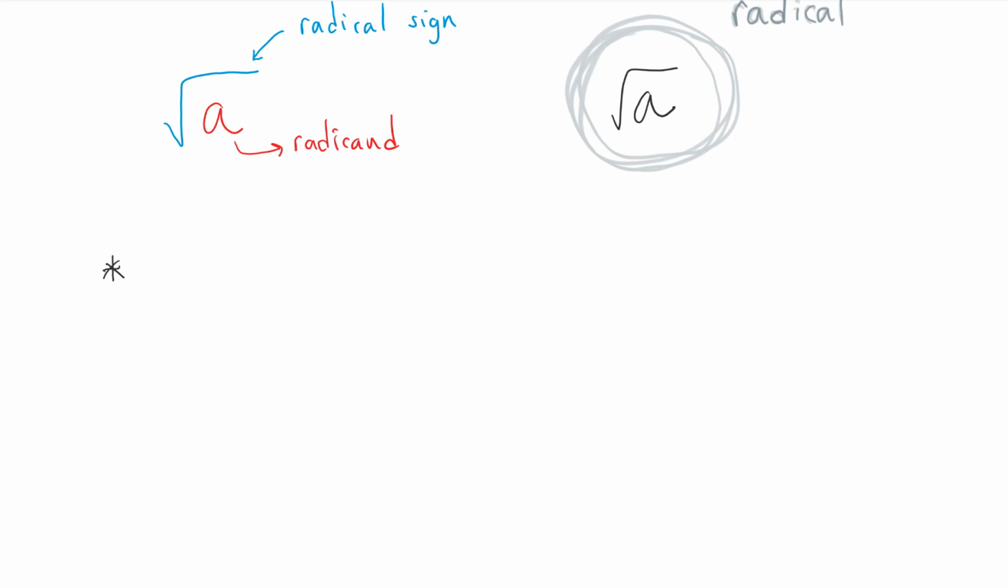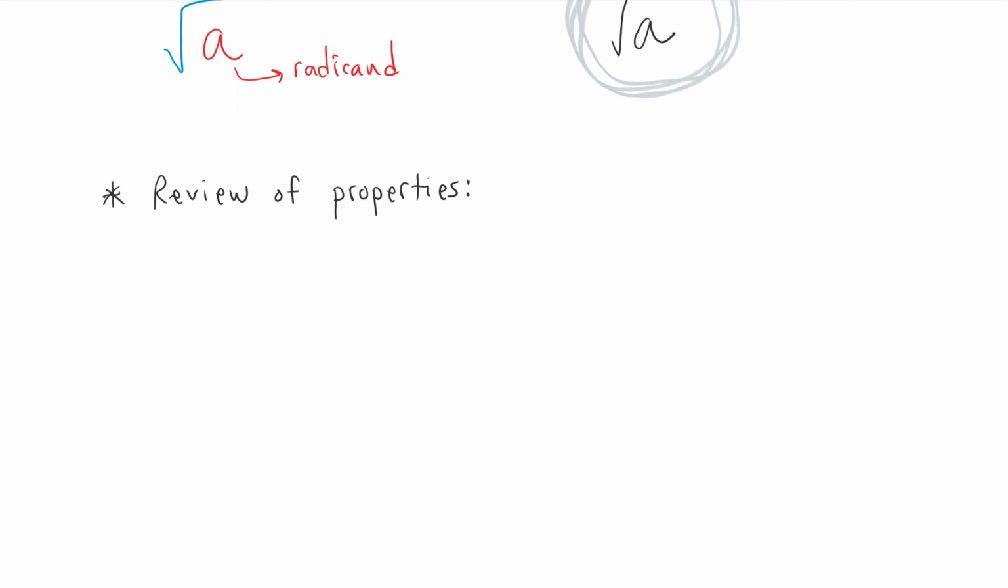So again, let's go ahead and just quickly review some of the properties we've already used in the earlier section. So let's do a real quick review, just so when you go do the homework, you don't have to flip back through a whole bunch of sets of notes.